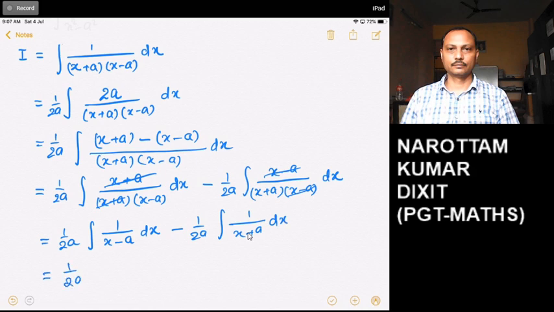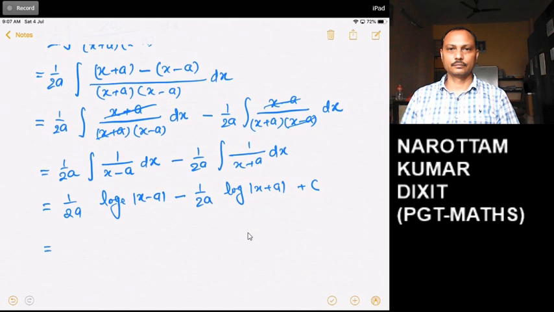So, you know the integration of 1 upon x minus a, that is log of mod of x minus a, and integration of 1 upon x plus a, that is log of mod of x plus a, plus constant, that is c. So here 1 upon 2a is common, so we can write it log of mod of x minus a minus log of mod of x plus a plus c.